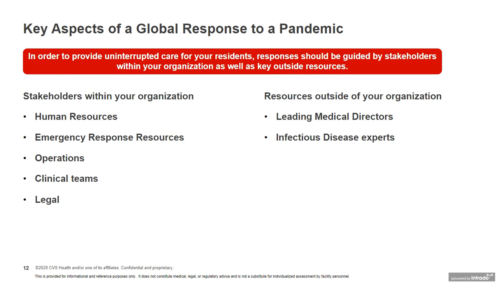All of our colleagues and employees are affected, and so human resources is key. If you're lucky and you have an emergency response resource, or even if you have a single individual that's filling this role, it gives you an opportunity to have someone that is dedicated to almost serving as the liaison and bringing back information on an up-to-date basis.